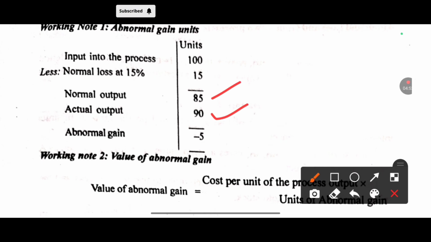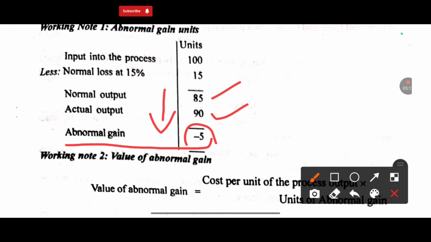So the normal output is lesser than the actual output, and as per the format you get abnormal gain. Here we have an abnormal gain of 5 units.